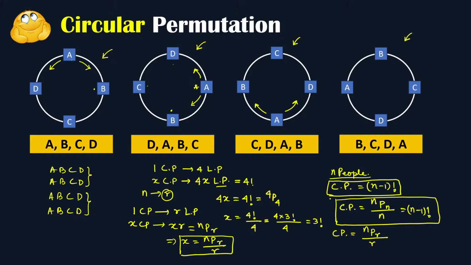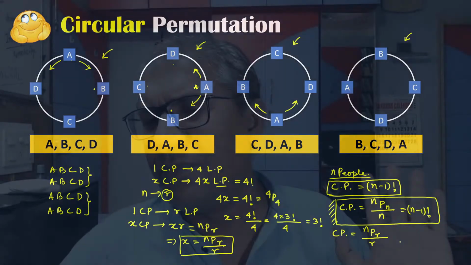In this case, what happened? There are n people and we have already taken n and permuted them around the round table. That is why it is nPn divided by n. Is it clear to all of you? Which is same as your (n minus 1) factorial. But have you understood this logic? So what is the major difference between circular permutation and linear permutation?